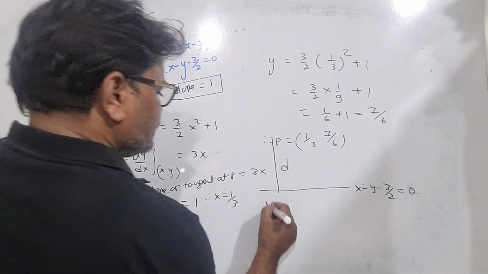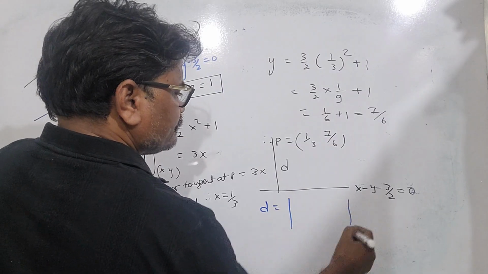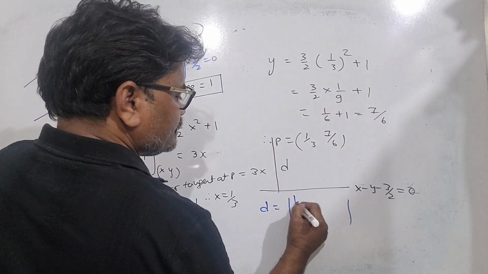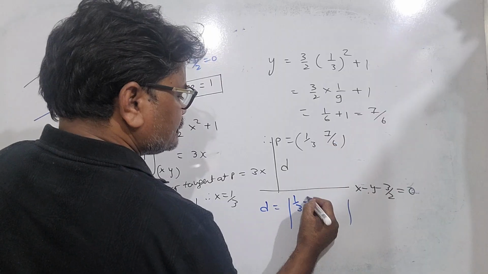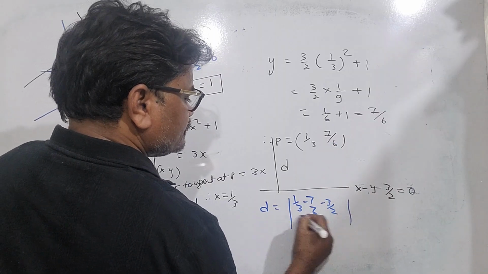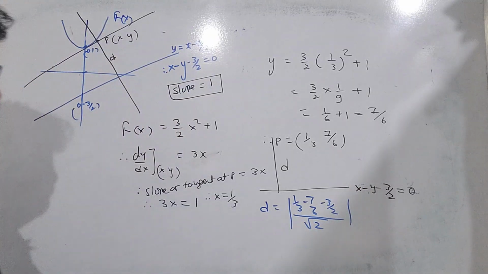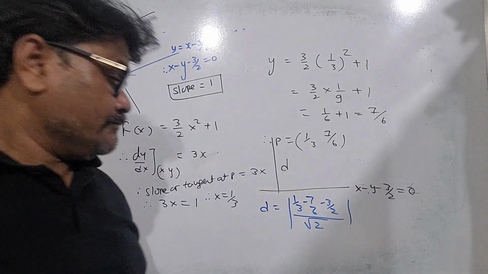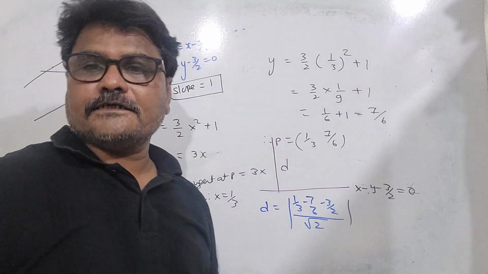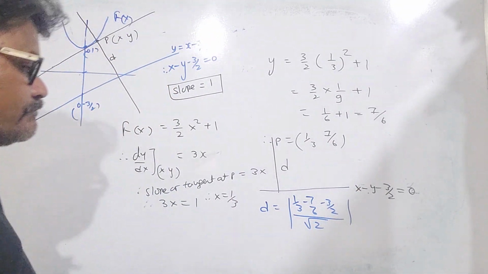So therefore d is the modulus of 1/3 - 7/6 - 3/2 divided by the square root of the coefficient of x squared plus the coefficient of y squared, correct?